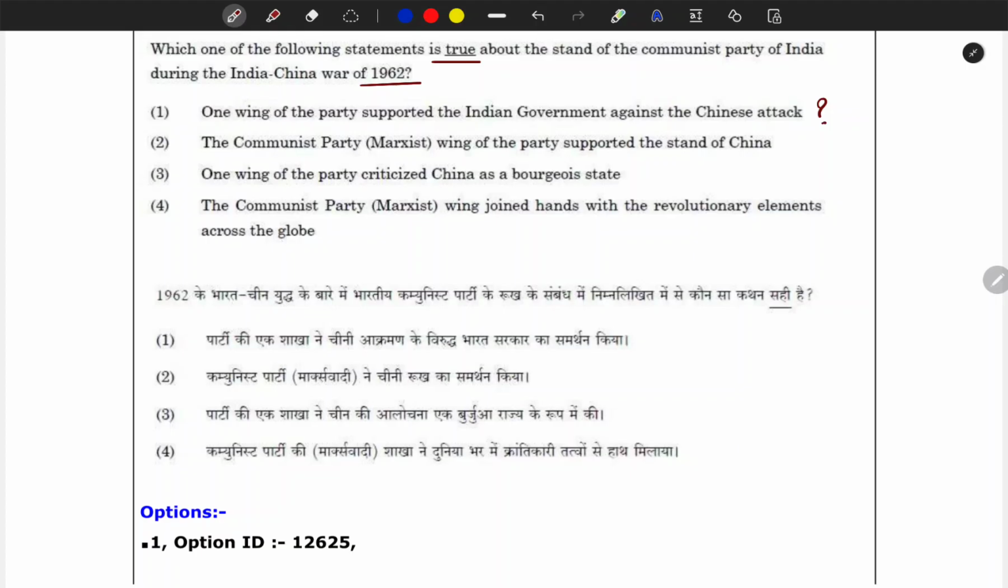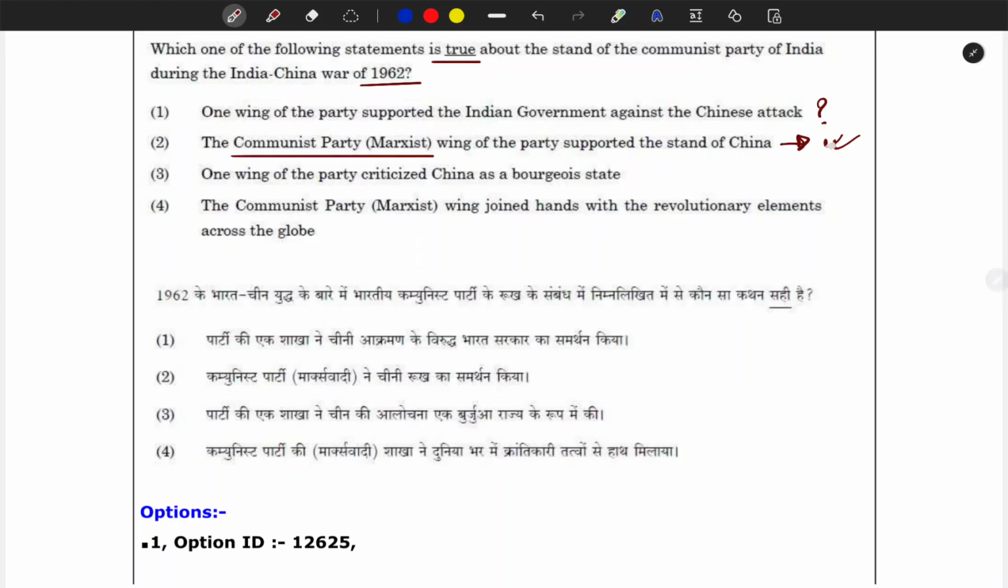Second statement: the Communist Party Marxist wing of the party supported the stand of China. I don't know if you know this or not, but it was a very later development that the Communist Party of Marxist was formed.